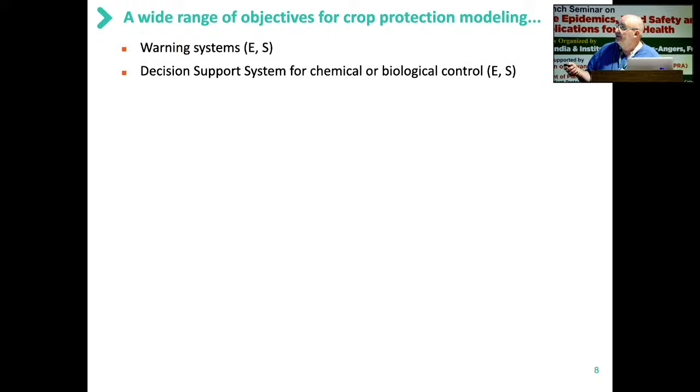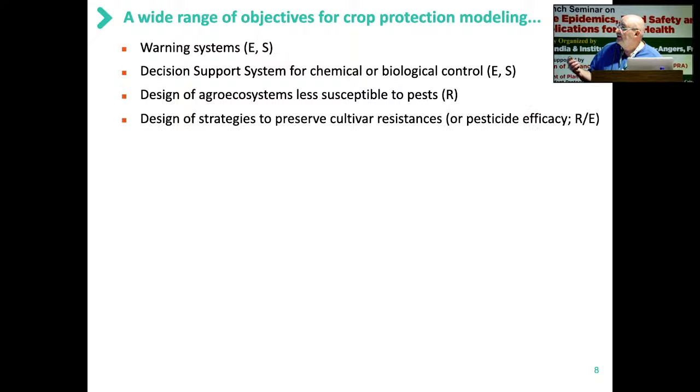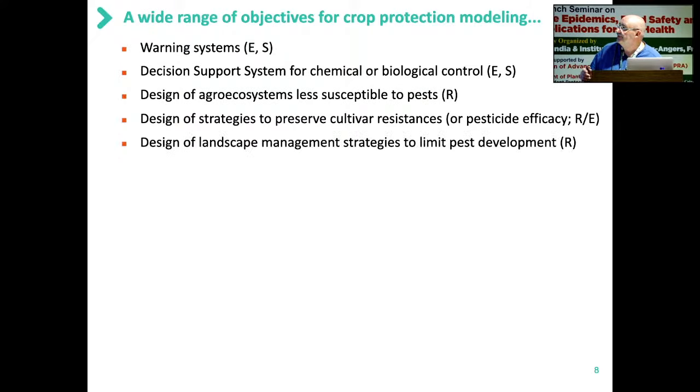We can design decision support systems for chemical or biological control. We can use that to design agroecosystems less susceptible to pests. We can design strategies to preserve cultivar resistances, so you go for an understanding of the genetic structure of the pest population.